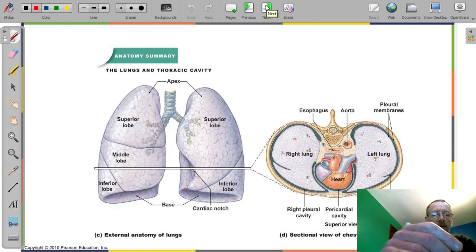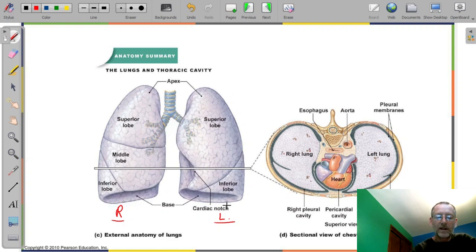Larger view of the lungs. Note that on the right lung, right and left, there are 3 lobes. Three lobes on right.